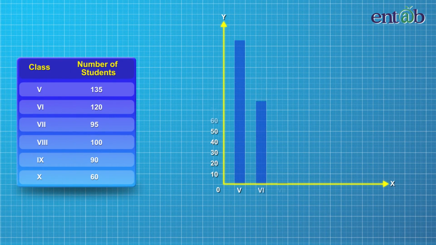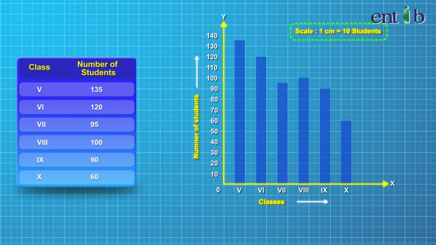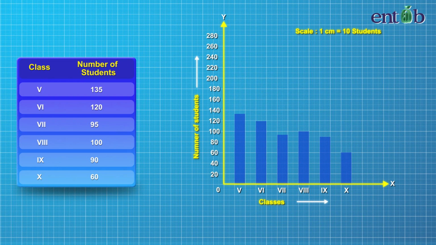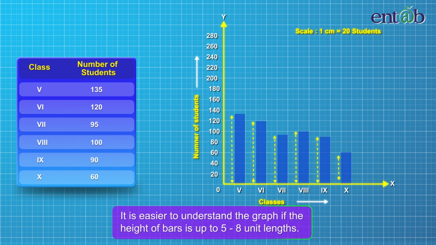So, we can choose a scale of 1 unit length equal to 10 for this data, or we can choose the scale of 1 unit length equal to 20 also. It is easier to understand the graph if the height of bars is up to 5 to 8 unit lengths.